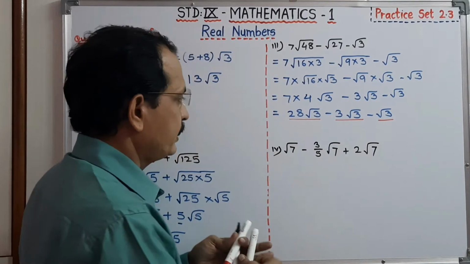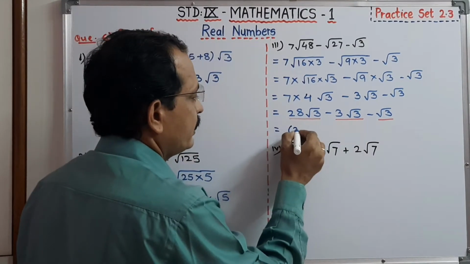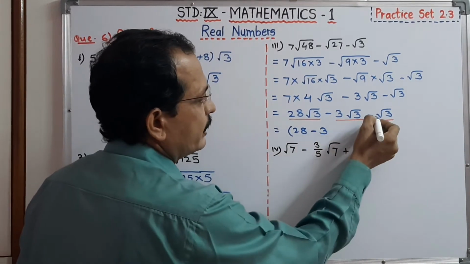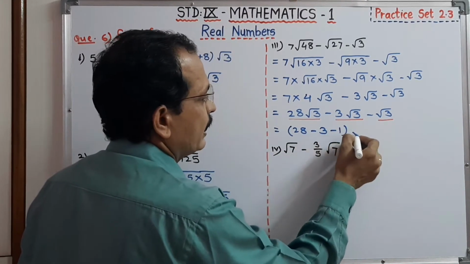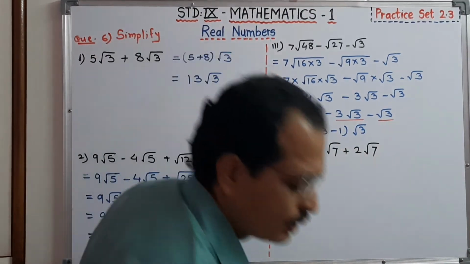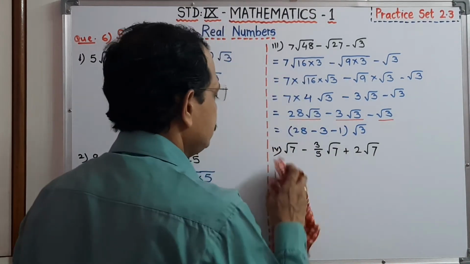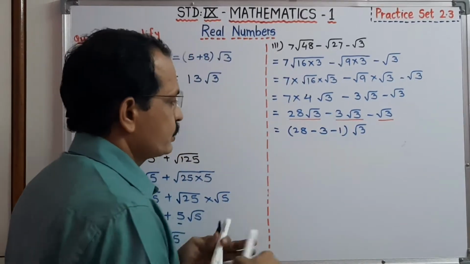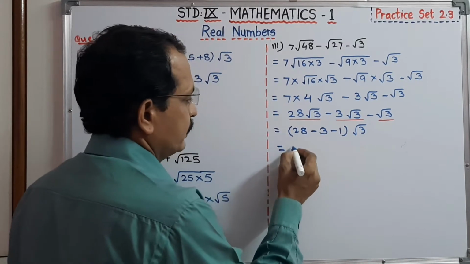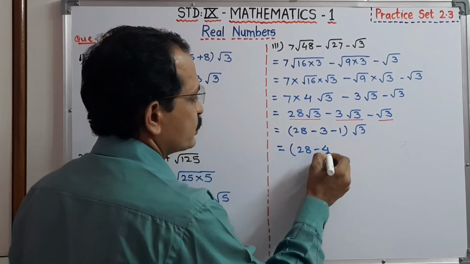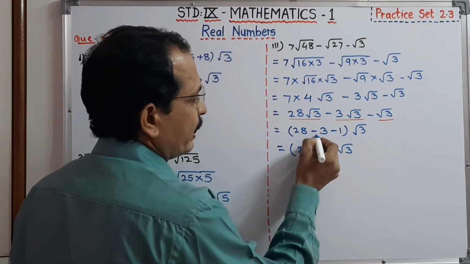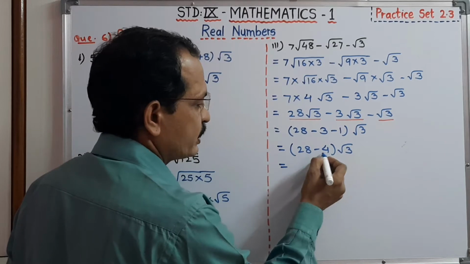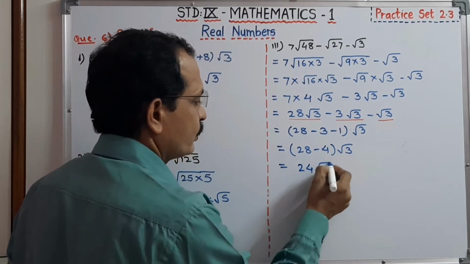Here we can write 28 minus this 3 and here it is minus 1, and this root 3 as a common factor. Now it is 28 minus 3 minus 1, which is minus 4. Now 28 minus 4 is 24 root 3.